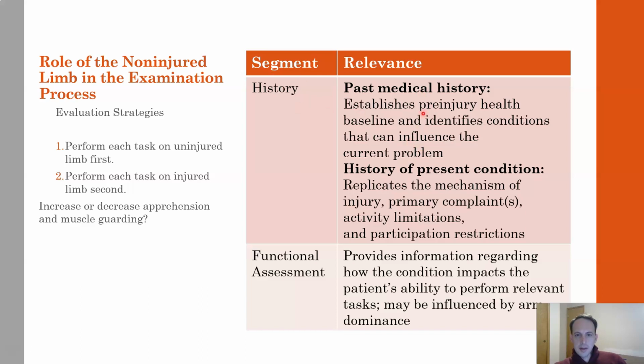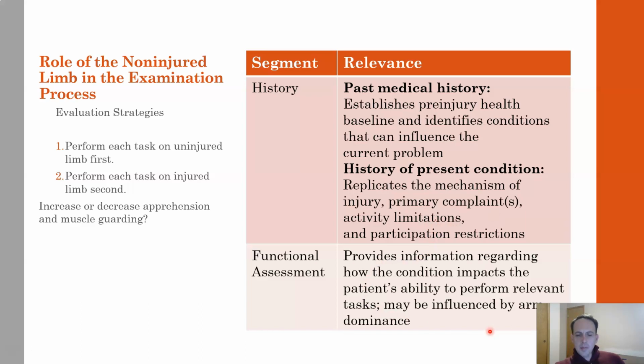So it starts with the history, and with this, the non-injured limb can also help us establish pre-injury health baselines, but we can also use it to replicate the mechanism of injury. Sometimes it's helpful to be able to move the uninjured limb or to ask them to move the uninjured limb and describe what has occurred from the mechanism of injury to the primary complaint.